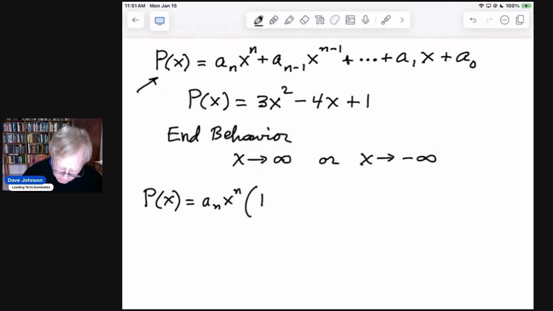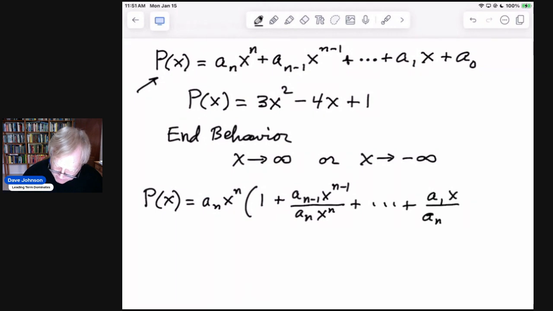So from the first term, we just get a 1 plus, and then I'm going to write it this way: a sub n minus 1 x to the n minus 1 divided by a sub n x to the n, plus, and then there's more terms, dot, dot, dot, plus, and then let's say a1x divided by a n x to the n, and then plus a naught divided by a n x to the n, and then close the parenthesis.